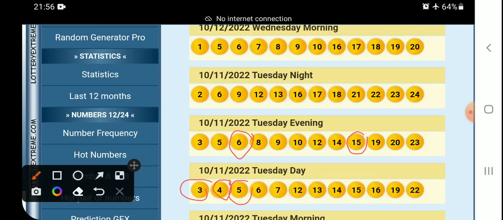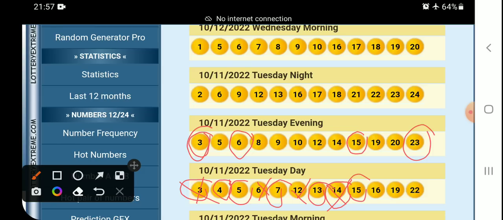Then 10 plus or minus 6, nothing comes. 10 plus or minus 7, we have got 3. 10 plus or minus 12, nothing comes. 10 plus or minus 13, we have got 23 and we have got a 3. 10 plus or minus 14, we don't have anything.